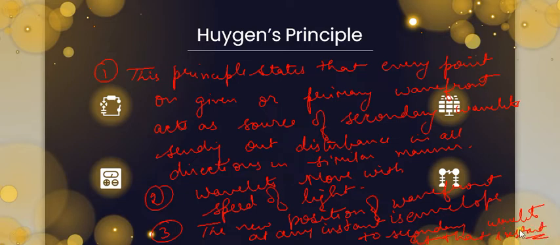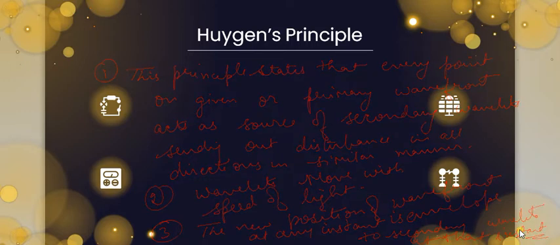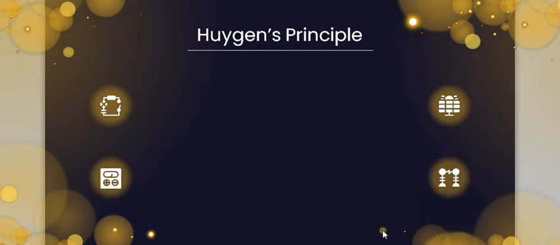Now understand these three things from a simple diagram. See, this is my given wavefront, or you can say this is my primary wavefront. So every point on this primary wavefront has a tendency to generate a secondary wavelet. So this point has generated this wavelet, this wavelet, this wavelet, this wavelet, and this wavelet. So how will you get the new position of the wavefront? Just draw a tangent over these wavelets. So you will get a new wavefront, which is called the secondary wavefront.